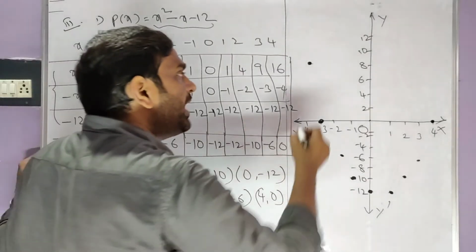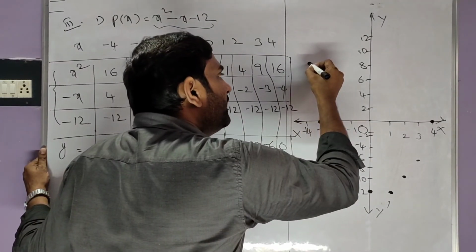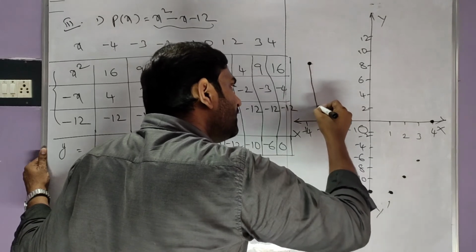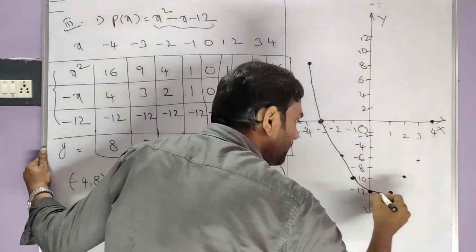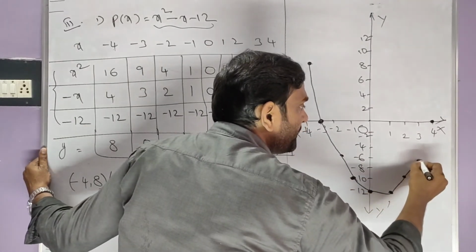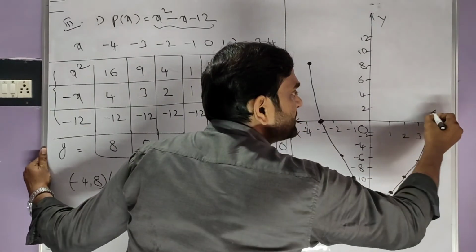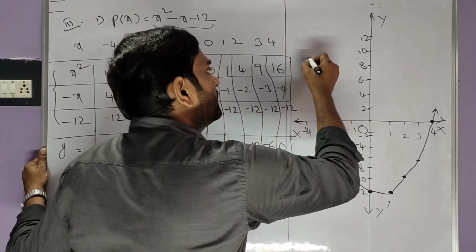Now join these points by hand, by a soft hand. Why? Because this is a smooth curve. Just extend them and put an arrow mark.